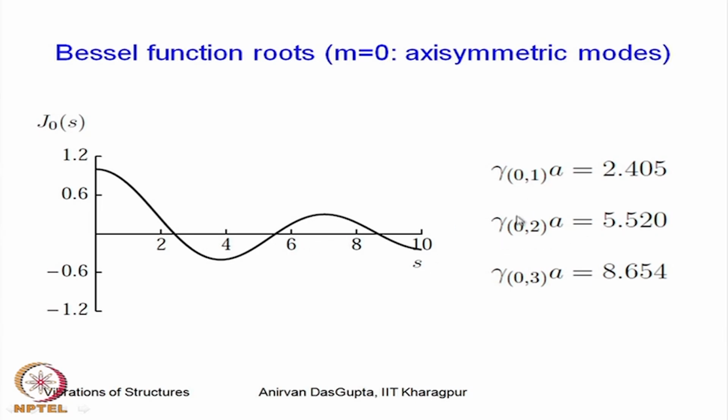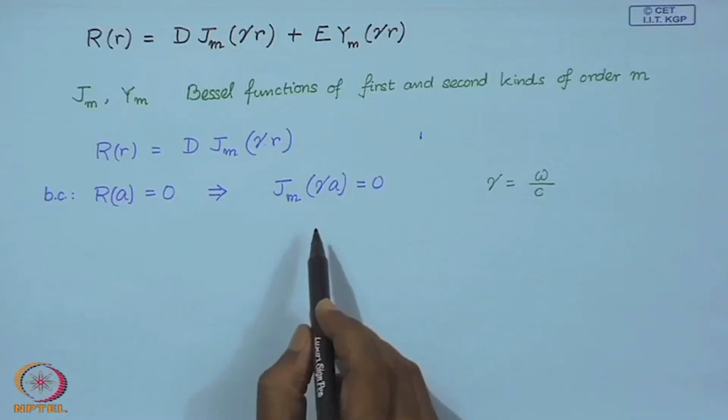So, the first 3 values of gamma times a, which are now indexed with m and the root number: this is the first root, this is the second root, this is the third root. The first is approximately 2.405, the second is 5.52, and the third root is 8.654. So, the first 3 solutions of this condition are obtained here.